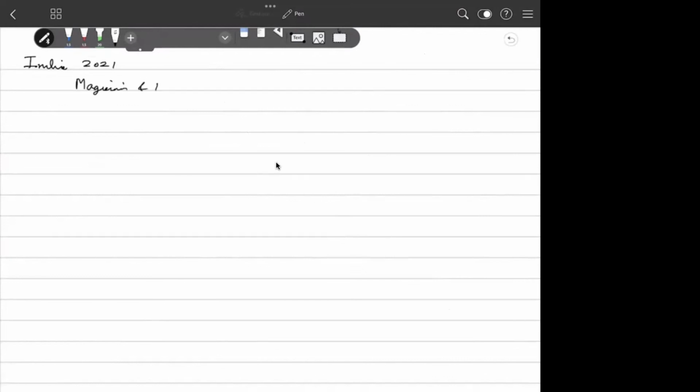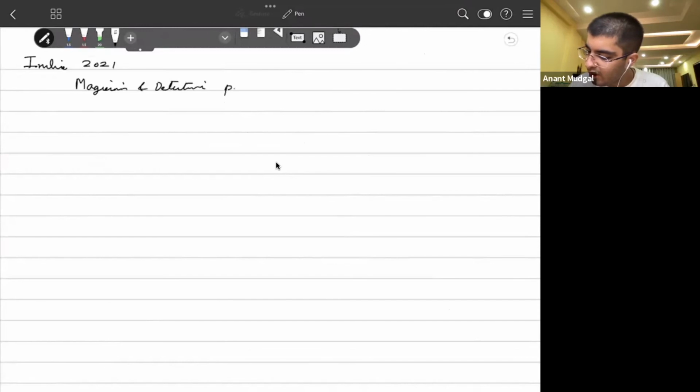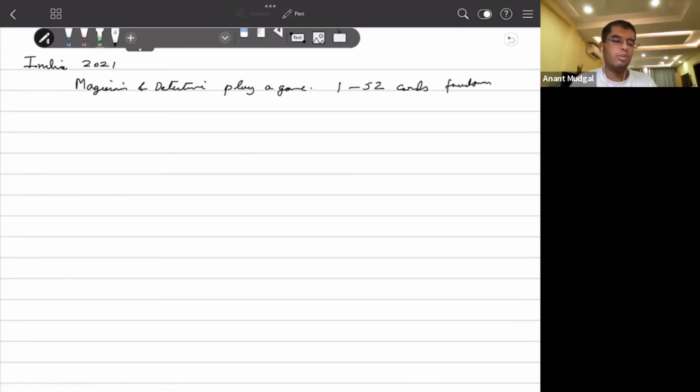Okay, let's write this. So magician, detective, arithmetic, play a game. What's the game? You have a deck of cards 1 to 52, and they're all face down, so the detective does not know which card is which.